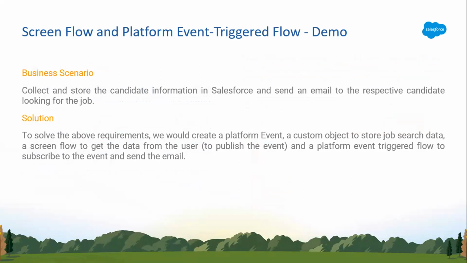I am using this screen flow to get the user input for the job inquiry and also to publish the event. To publish this platform event, I'm using this screen flow in this scenario, and I'm using a platform event triggered flow to subscribe to the event and send the email to the candidate.